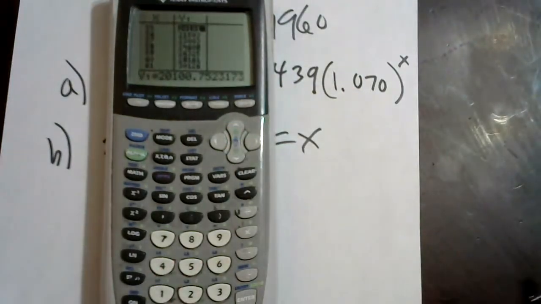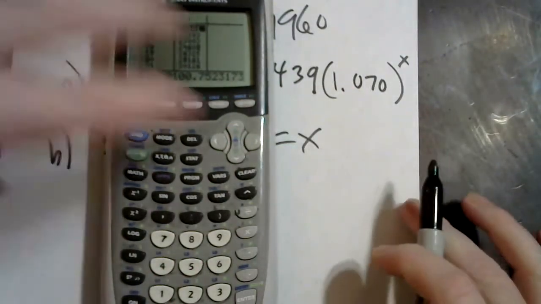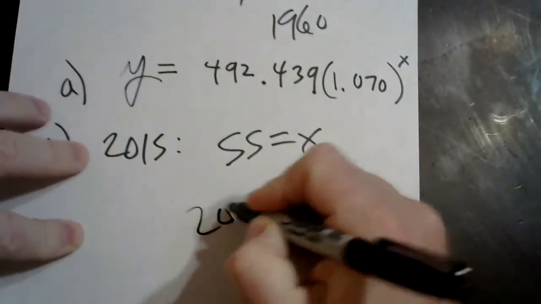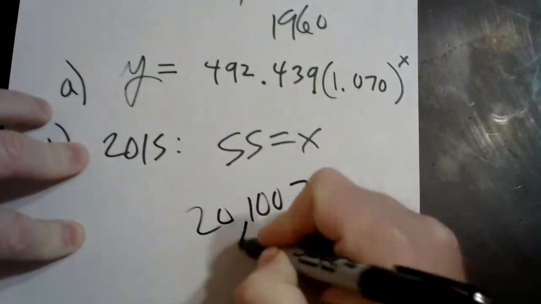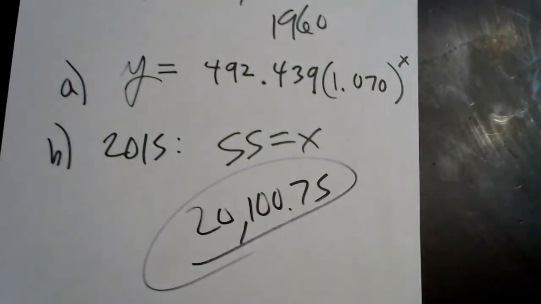But it looks like I get 20,100.75. And that is in billions of dollars. But that looks about right, I suppose. It's fairly close to the data in the table.